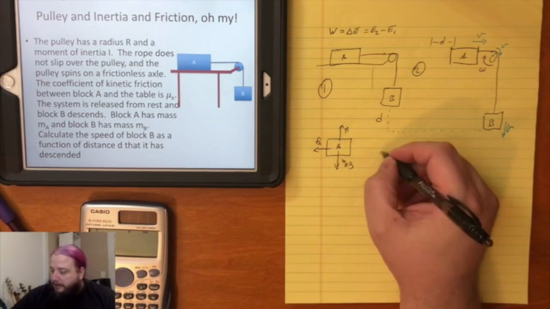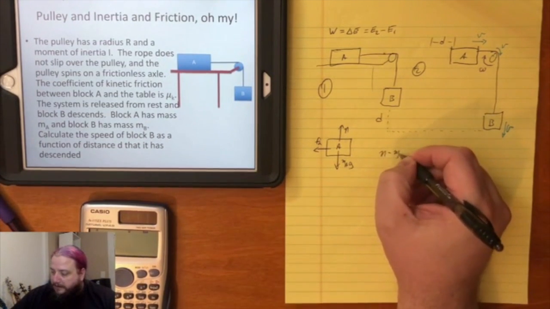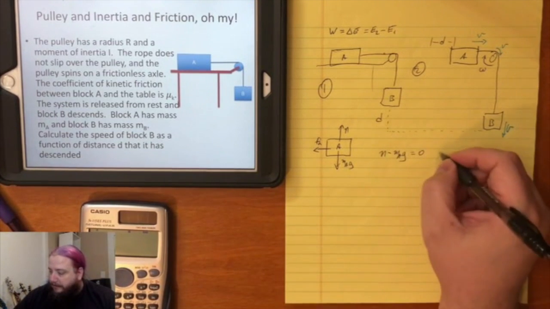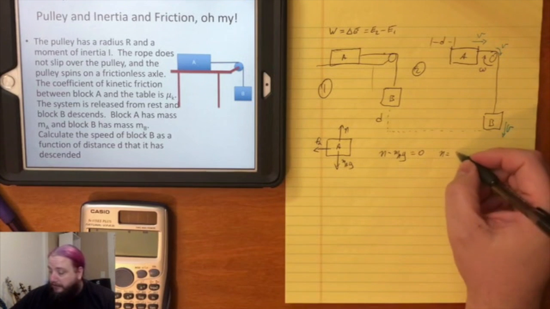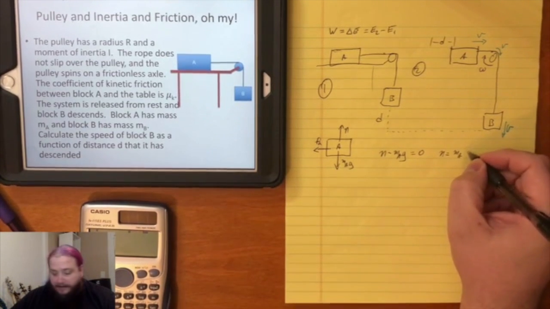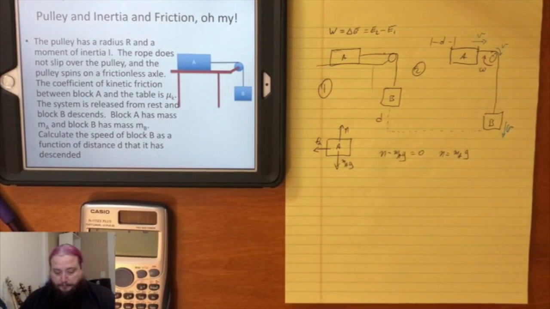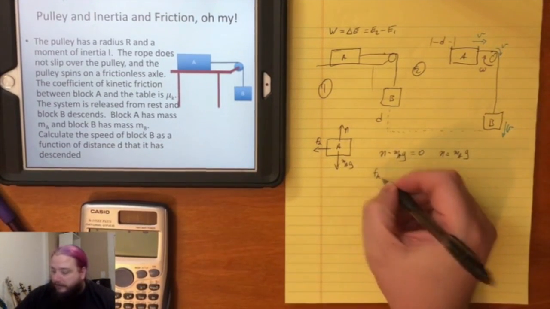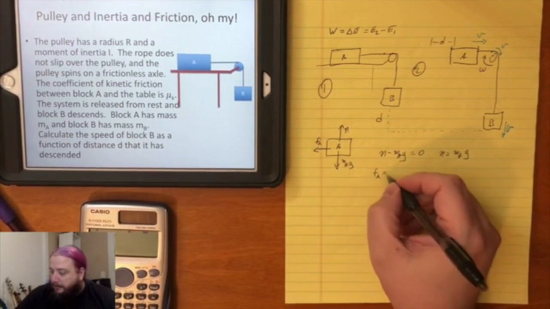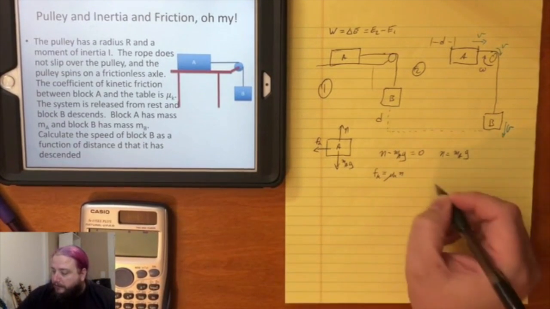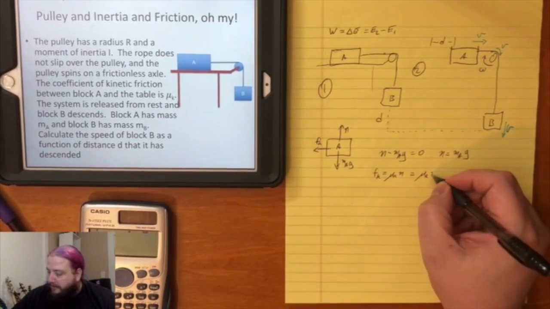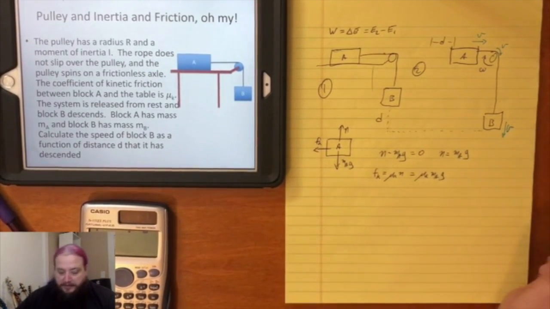And so the normal force minus ma times g must be 0, which just means that the magnitude of the normal force is just ma times g. Which means that the magnitude of our friction force, F sub k here, which is mu k times the normal force, is also just mu k times ma times g.